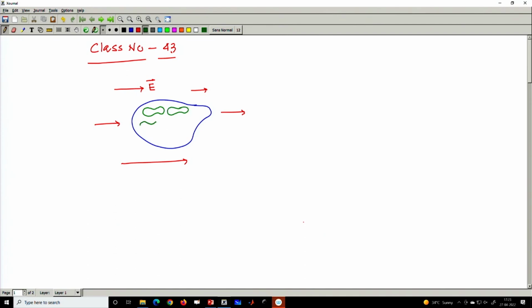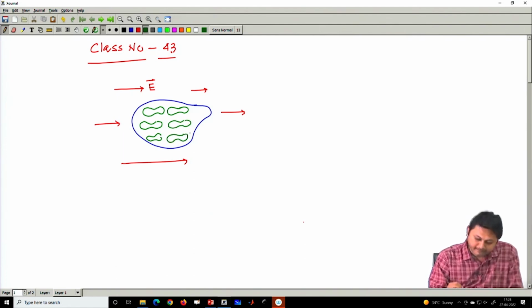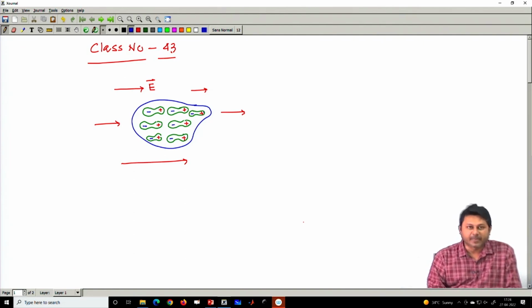If I try to present this pictorially, there will be charge separation like this, and we will have a dielectric system here.